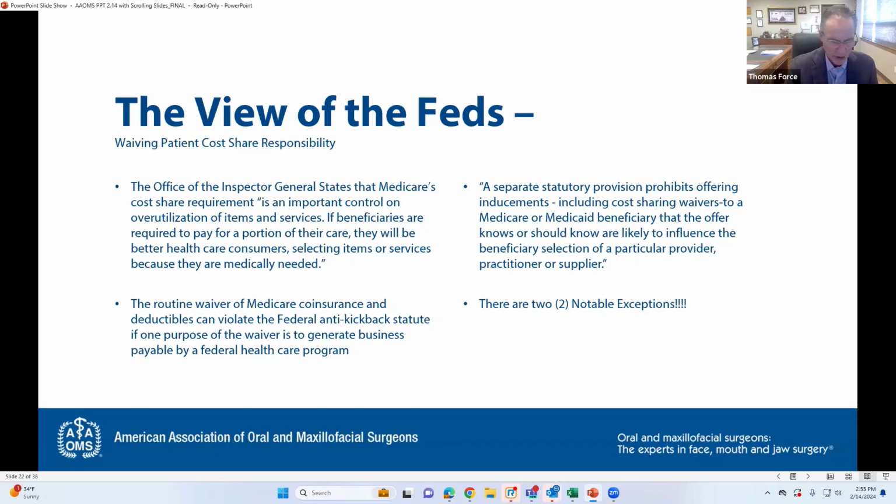So their job, they're a division underneath the Fair Trade Commission, and their job is to protect the integrity of the agency programs. And how do they do that? Well, their job is to receive complaints from whistleblowers or the like, investigate complaints, and conduct random audits of medical providers.